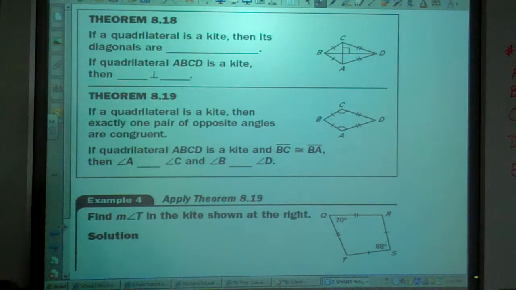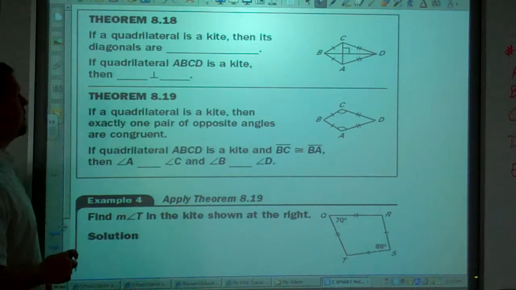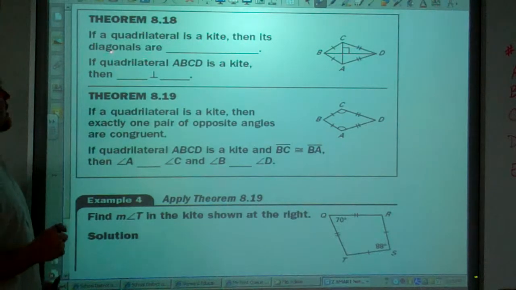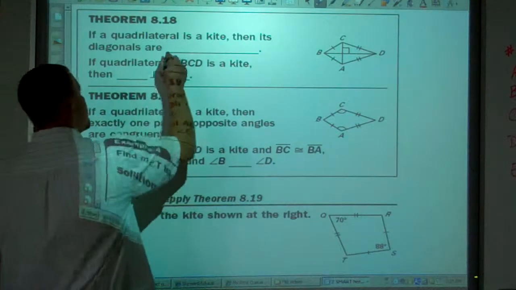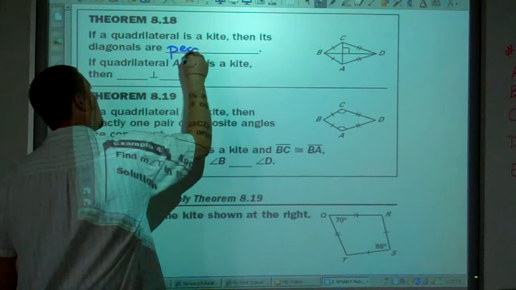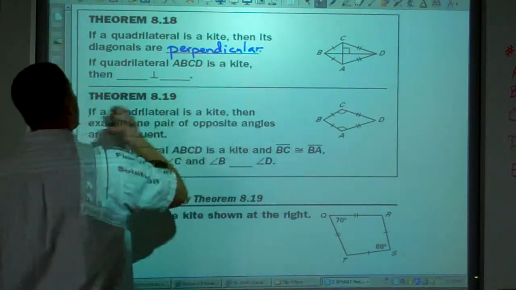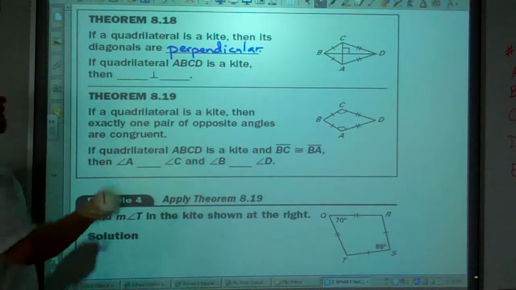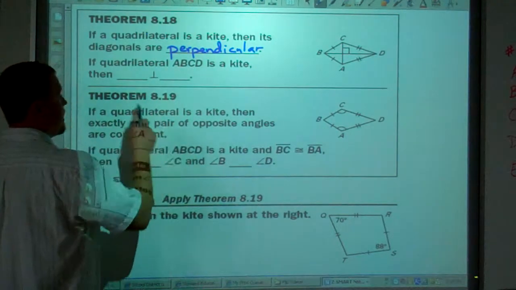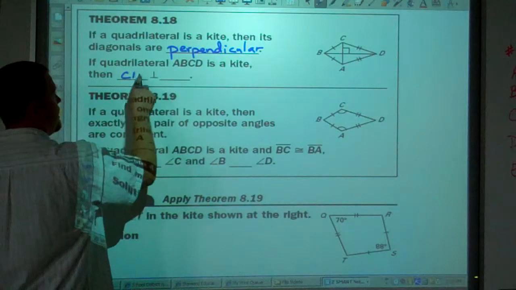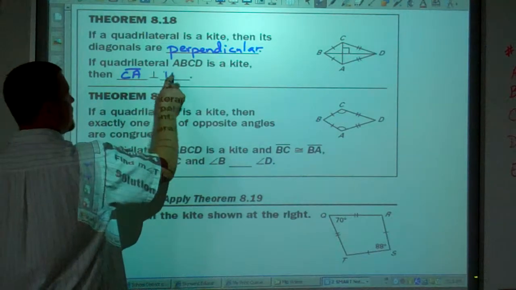A kite. Again, a kite has two pairs of consecutive sides that are congruent. If a quadrilateral is a kite, then its diagonals are perpendicular. If ABCD is a kite, then segment CA is perpendicular to segment BD.